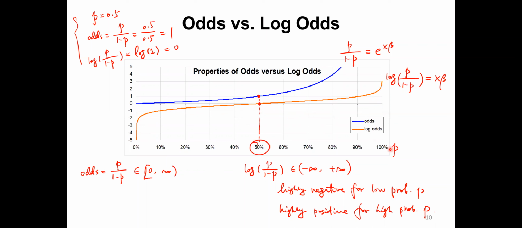So we have the probability of a tumor being malignant, and then we convert this P to odds. The odds go from 0 to infinity, and then the log odds go from minus infinity to plus infinity. We know that in linear regression, y equals beta 0 plus beta 1 x1. The right-hand side goes from minus infinity to plus infinity, so the left-hand side also needs to go from minus infinity to infinity. That's why we need to transform P into log odds.